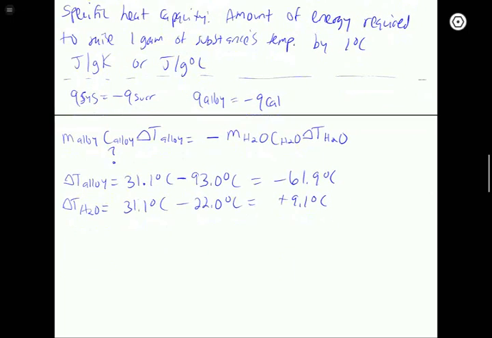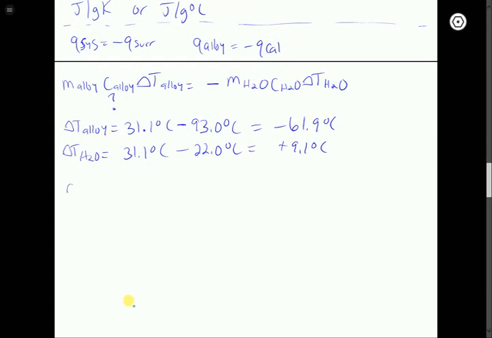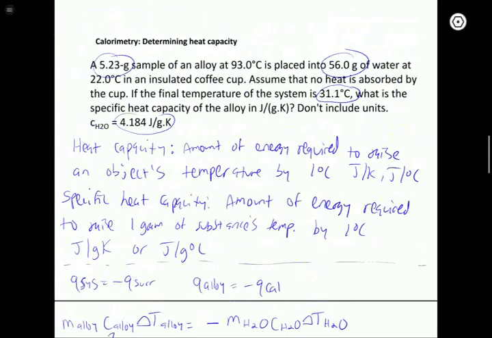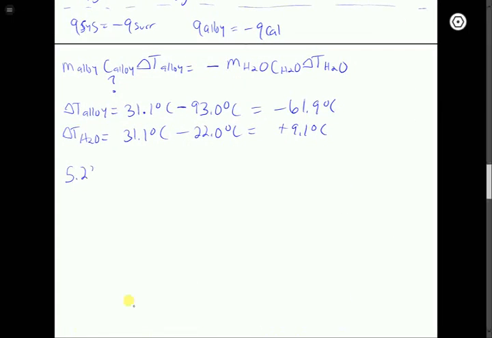So finally we can plug these values in. The mass of our alloy, we're told, is 5.23 grams. The heat capacity of the alloy is the unknown we're solving for. Its delta T is minus 61.9, which we can also write in terms of Kelvin.